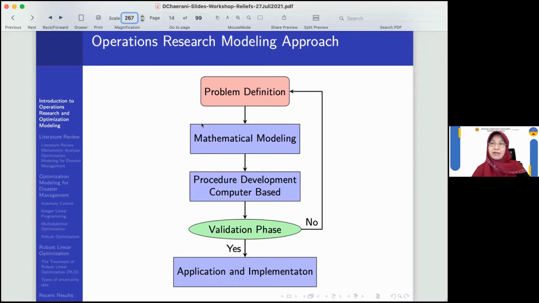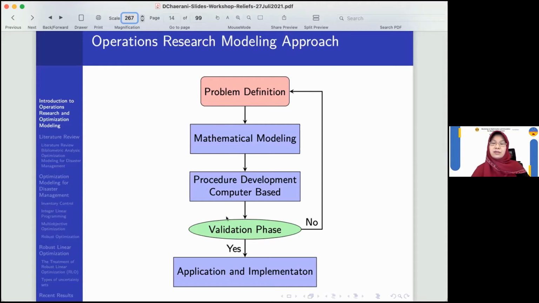Yes, the variable that we're going to use, based on its name, is the variable that needs to be determined, something that we don't know yet. Later on, we also need the data, and the data will be called the input parameters. Now we will create a model using mathematical modeling, and then to solve the problem, we will develop a computer-based procedure.